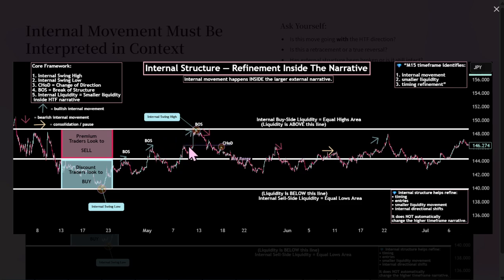Then you see here, it was supposed to, well, I'm not going to say it's supposed to, because the market is not supposed to do anything. But you can see here that if it continued higher, it would have made more break structures. But instead, it sold past this area that used to be the high point. So now we are in the change of direction area where sellers are.